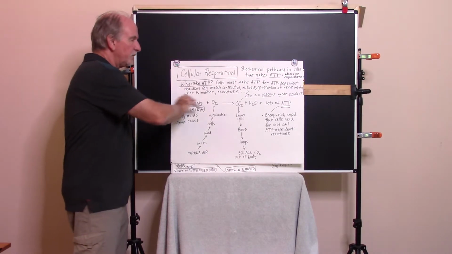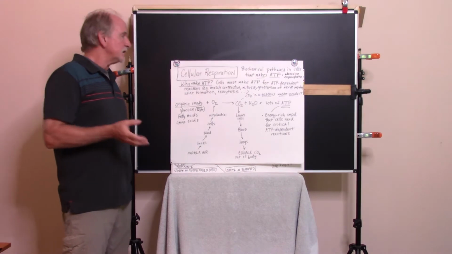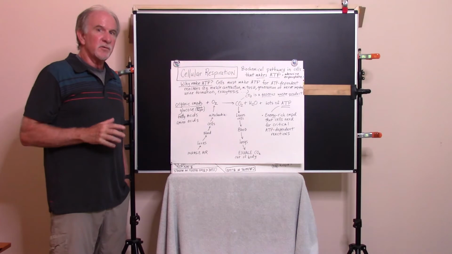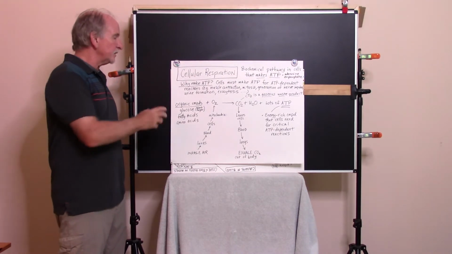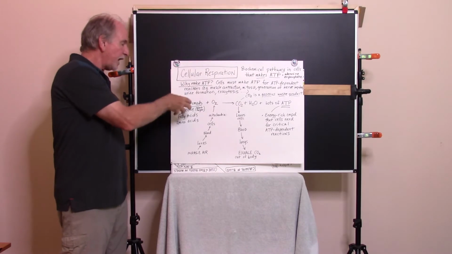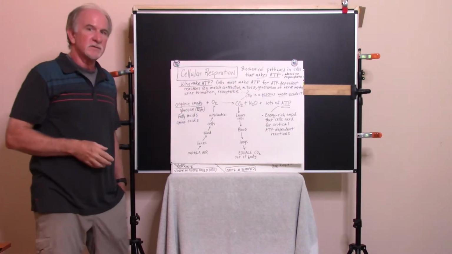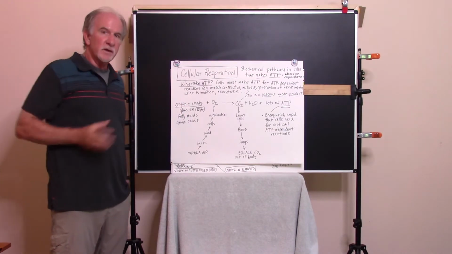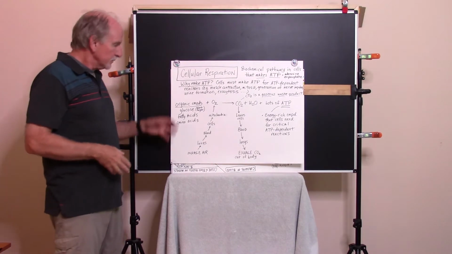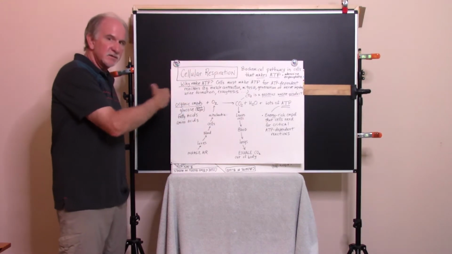So this is an overall summary of the reactions that occur during cellular respiration. And cellular respiration as a process begins with the reactants, and they would be a reaction between an organic compound and oxygen gas. So examples of organic compounds that can be reacted with oxygen gas include glucose, also known as blood sugar, fatty acids, amino acids.